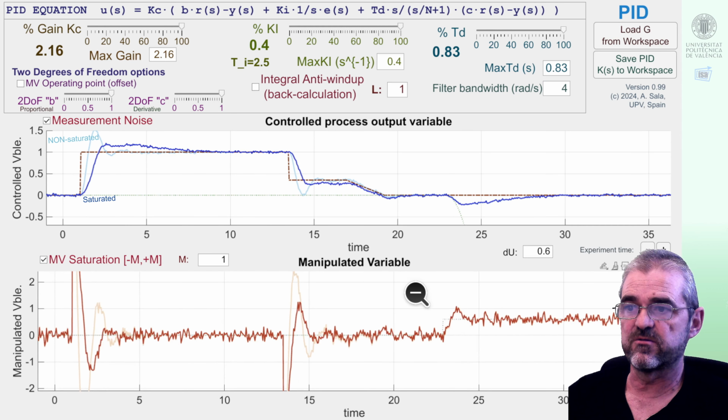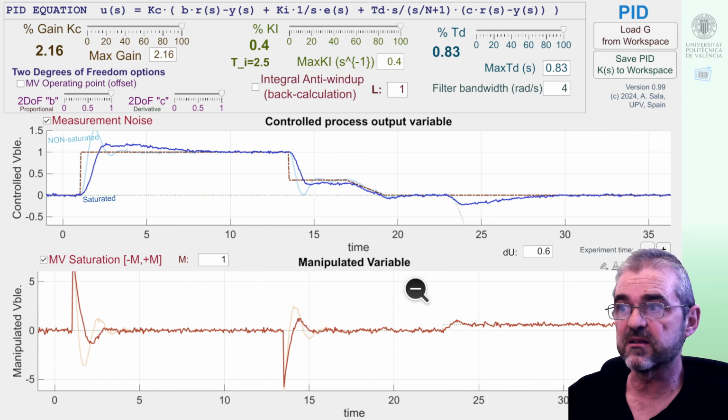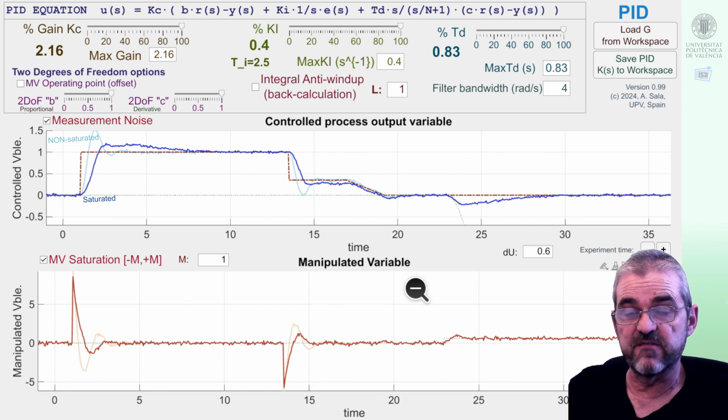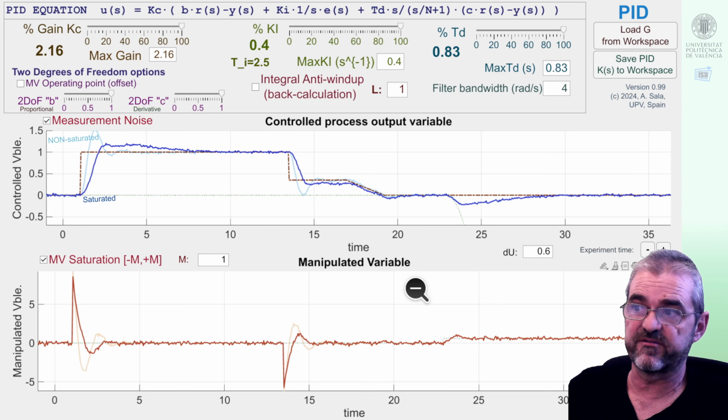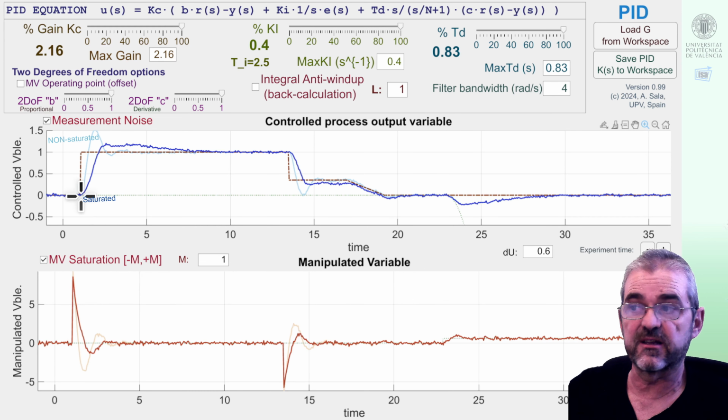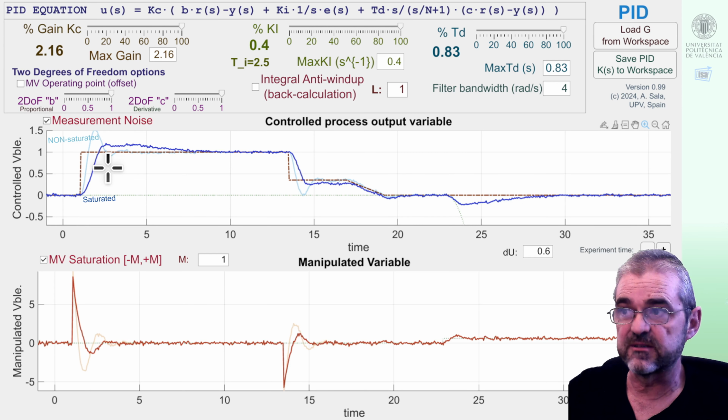And the second thing is that regarding saturation, well, this initial part of my cyan theoretical line with no saturation is due to the fact that in the PID I designed, the set point derivative is infinity. So we have a so-called derivative kick that will go to infinity, but after filtering, okay, it goes to 7 or 8. But my real actuator can exert only a force of 1, so it starts going up like 8 times slower.